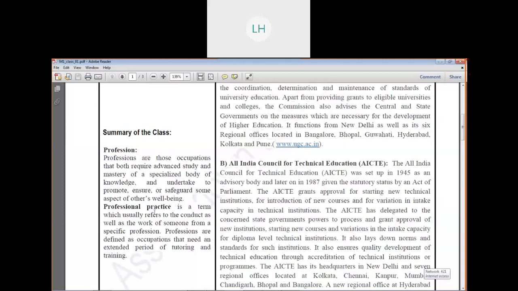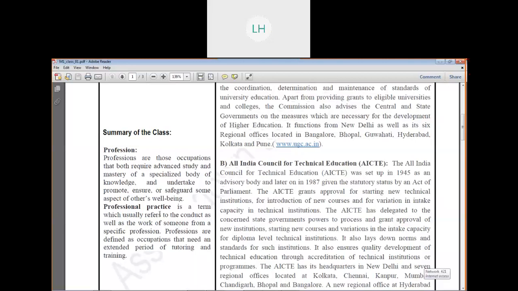Now, what is professional practice? Professional practice is a term which usually refers to the conduct as well as the work of someone. Whatever work you are doing, this is your professional practice.